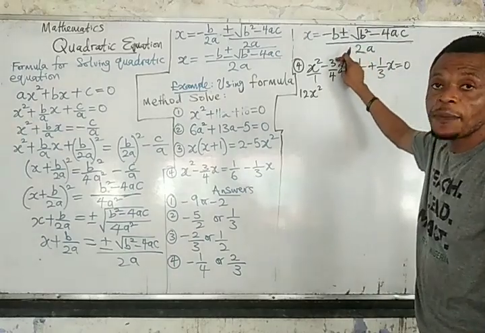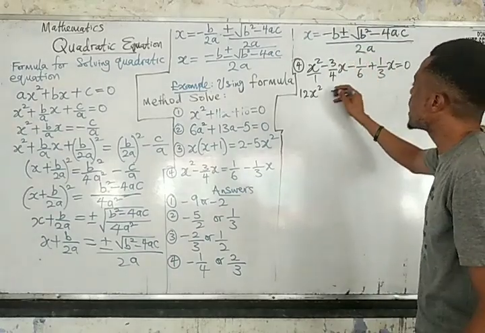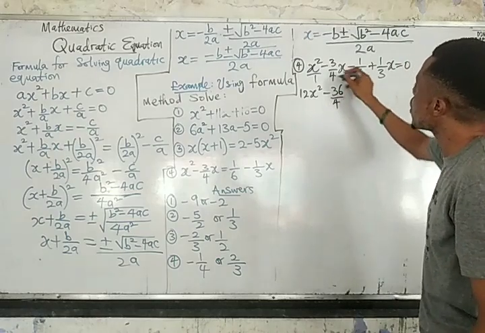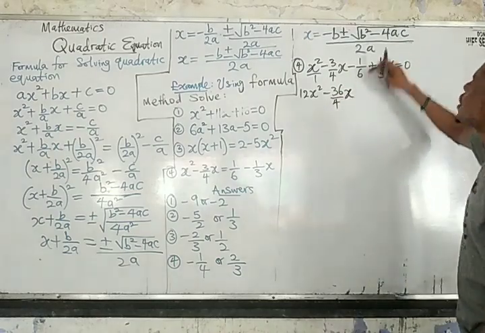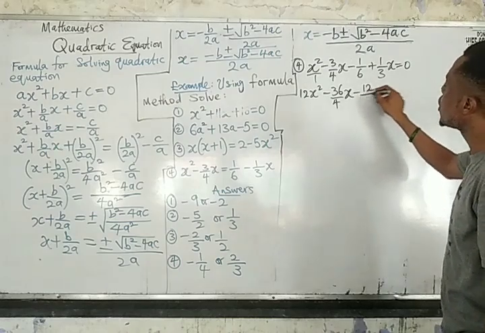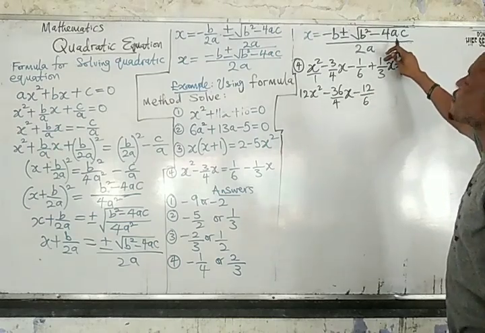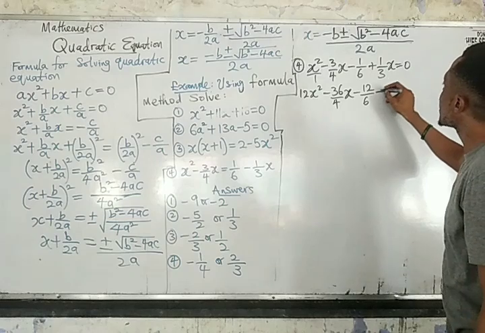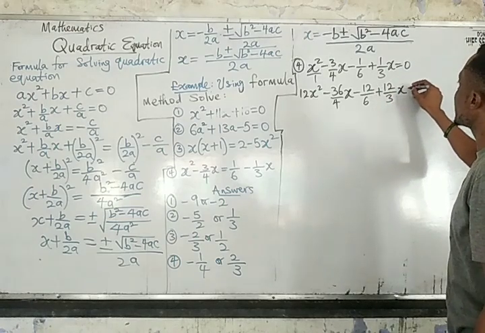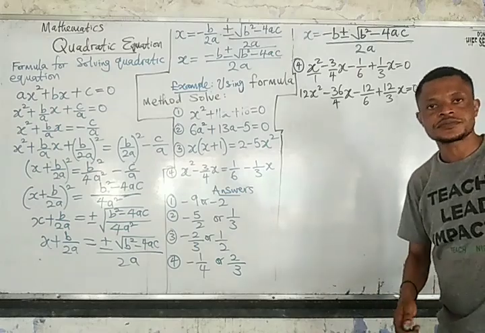Then 12 multiplied by 3, we have minus 36 all over 4x. 12 multiplied by 1, we have minus 12 all over 6. 12 multiplied by 1 again, we have plus 12 all over 3x to give us 0.